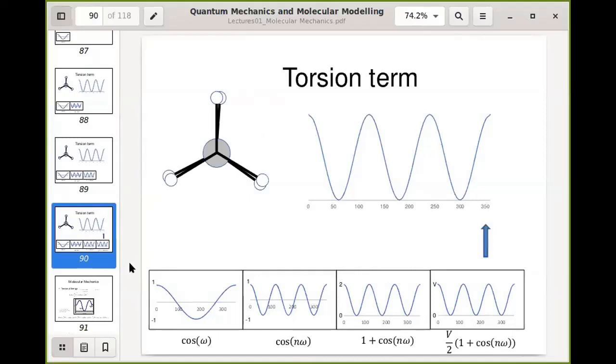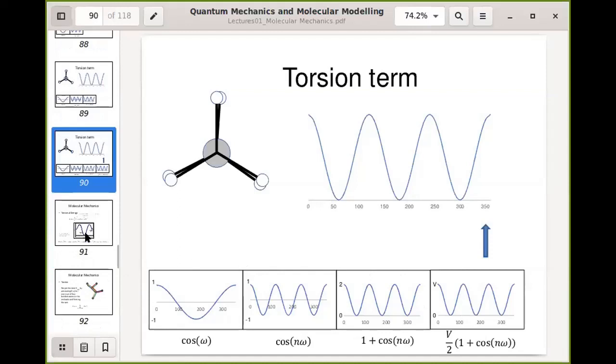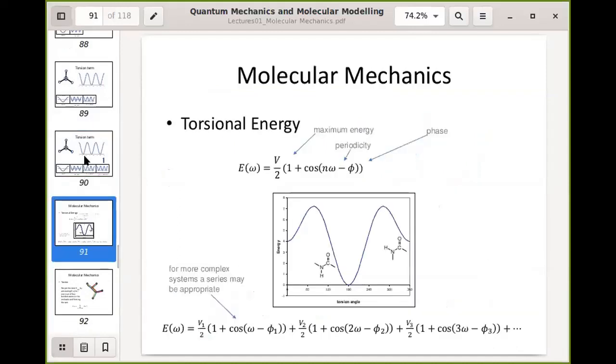Okay. Now, if you thought that was not bad enough, sometimes a cosine function is not even good enough to represent a torsion term. At this point you'll realize that I'm not going to ask you to remember exactly the full equation that we've got here, but have a look at an amide bond.